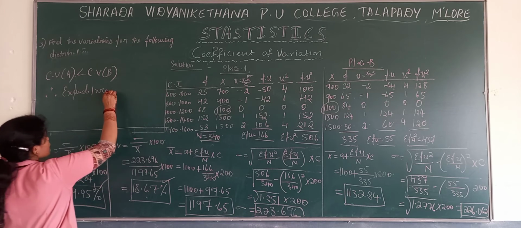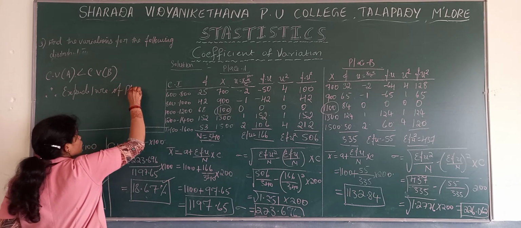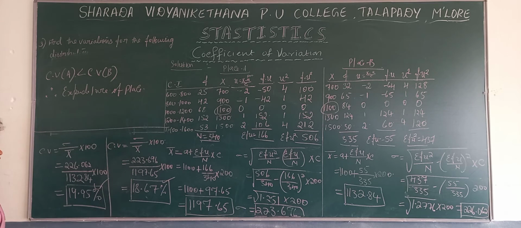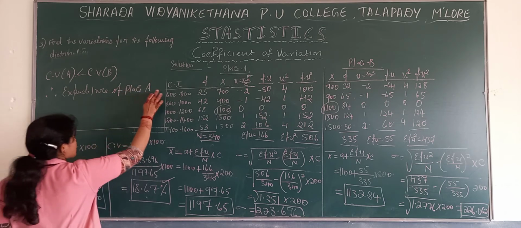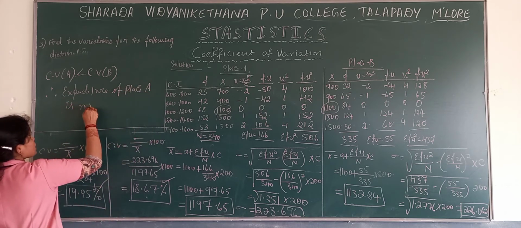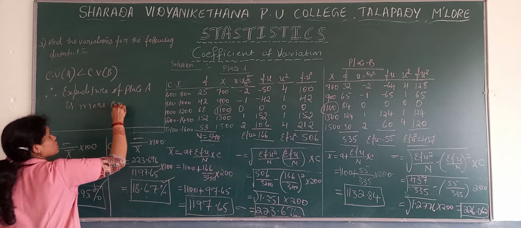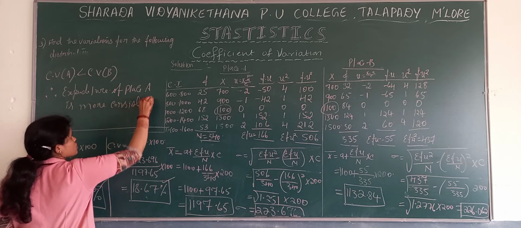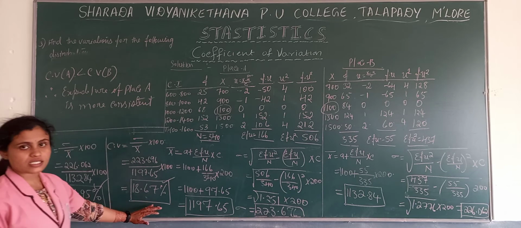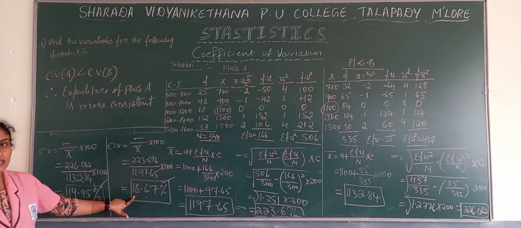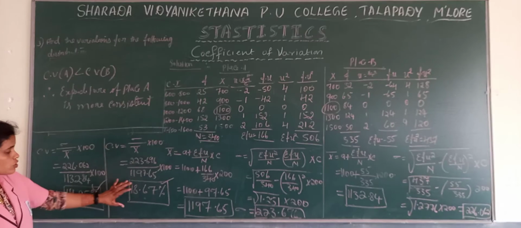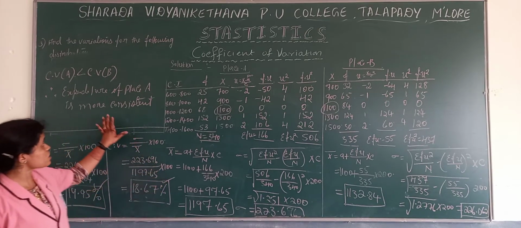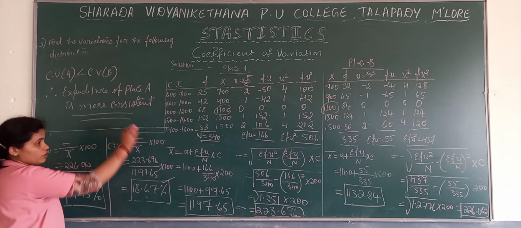Expenditure of place A is more consistent. Why it is more consistent? Because their variations are less. Where there is more variation, there is less consistency. So this should be your conclusion.